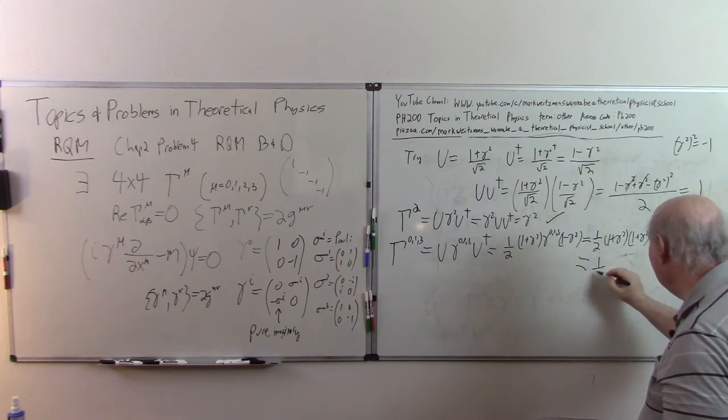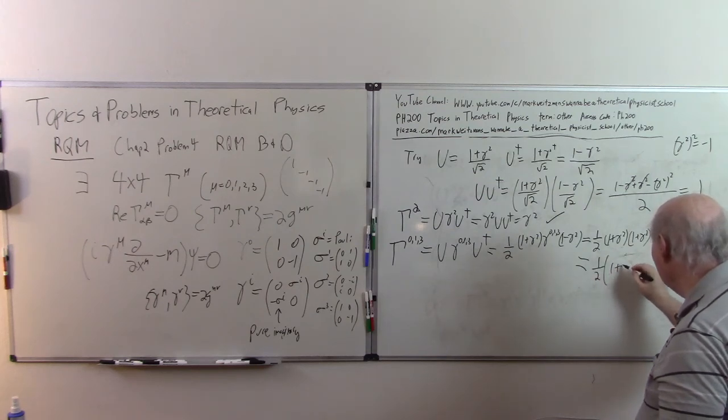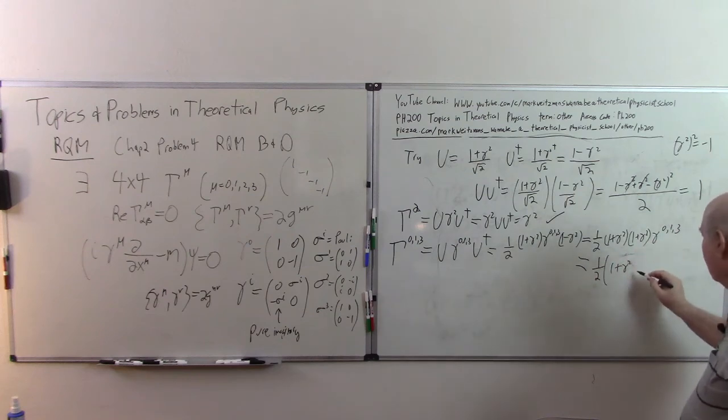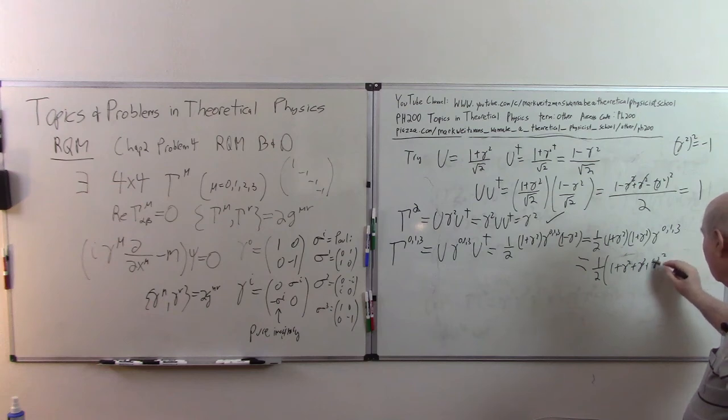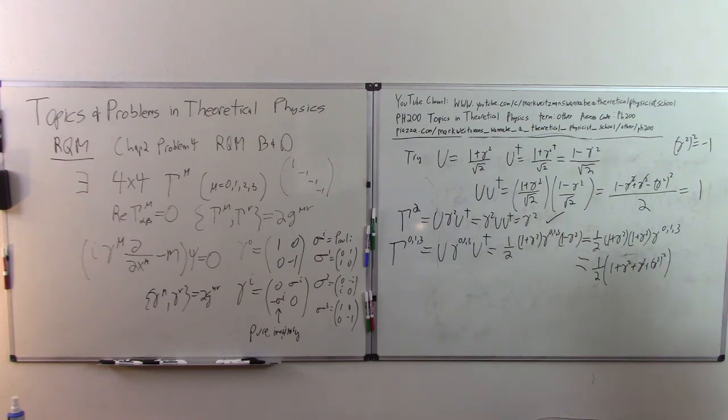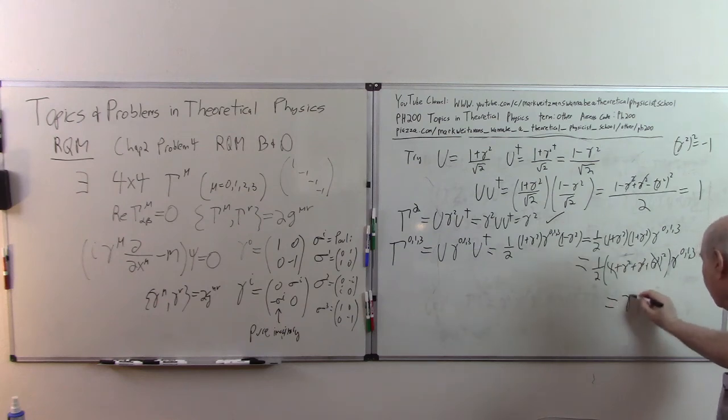Now let's multiply this out. I have one half, 1 plus gamma 2 plus gamma 2 plus gamma 2 squared. We already know gamma 2 squared is minus 1, so this cancels this. And so we just end up getting gamma 2 times gamma 0, 1, 3.